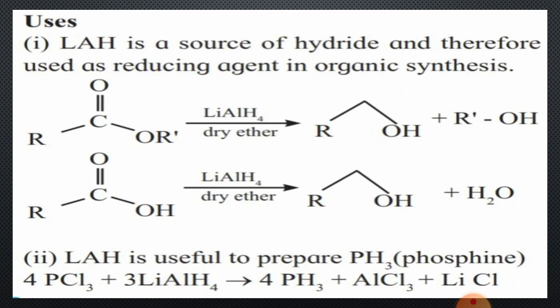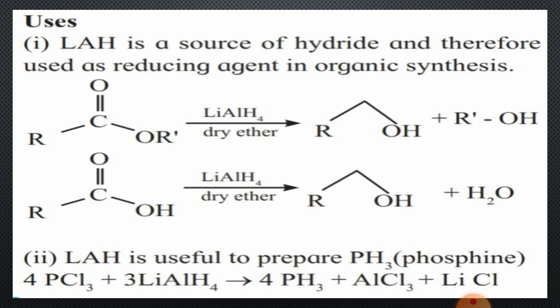Lithium aluminium hydride is a great reducing agent. RC double bond OR is your ester. RC double bond OH is your acid. This is the symbol for ester and acid.